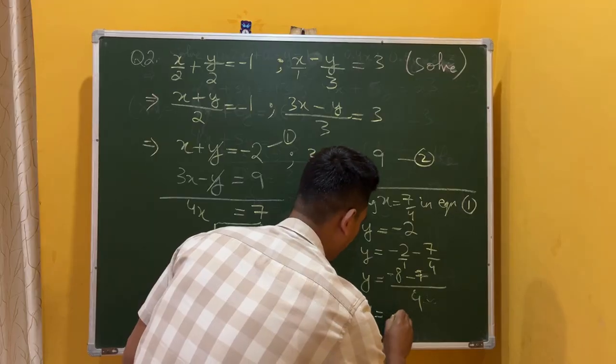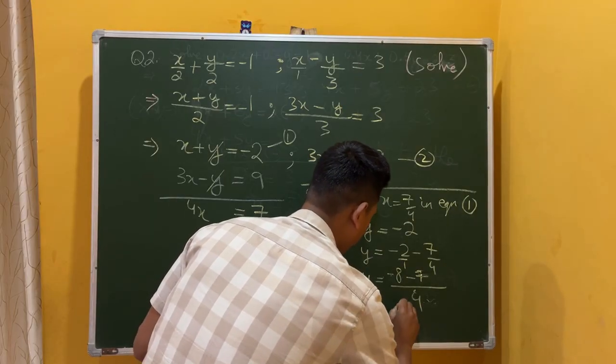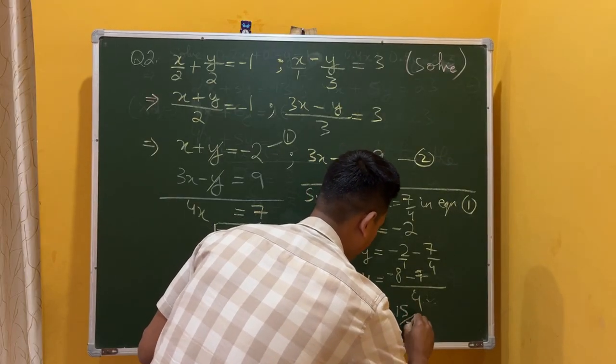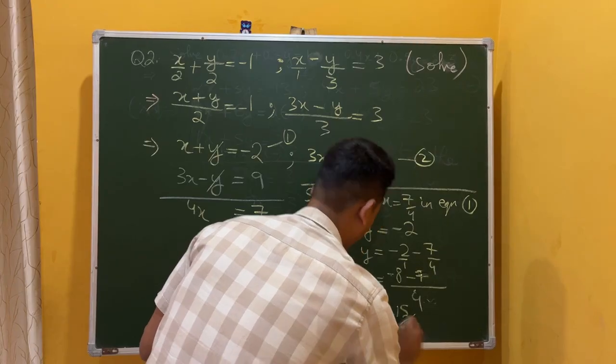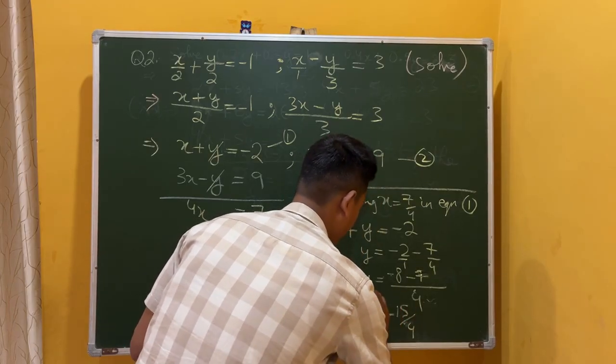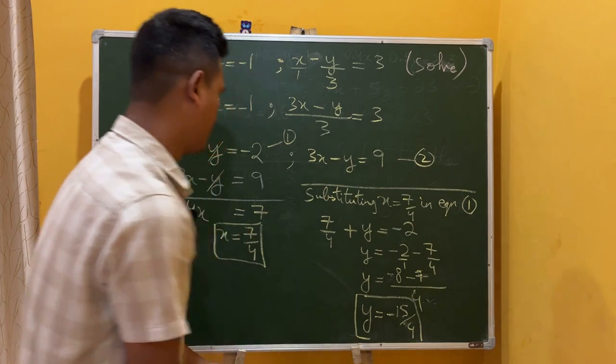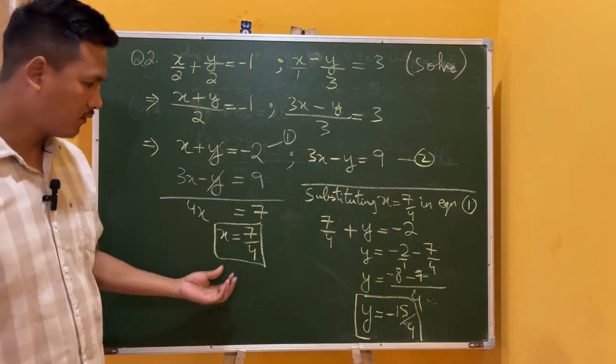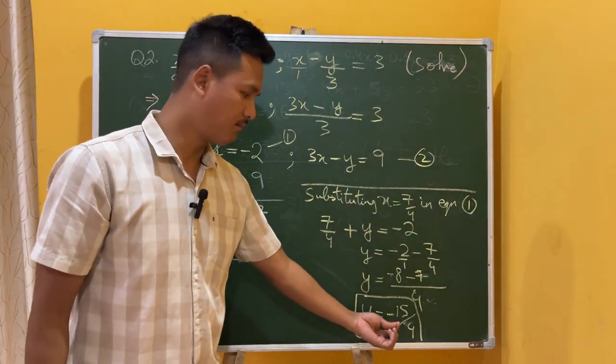So finally our answer is minus 15 upon 4.